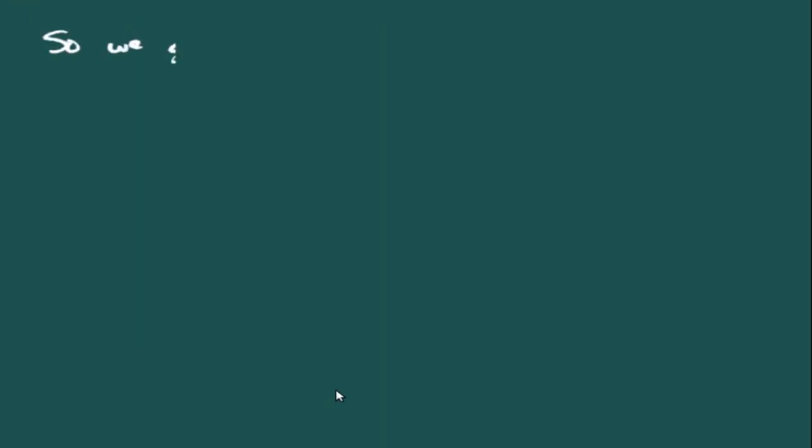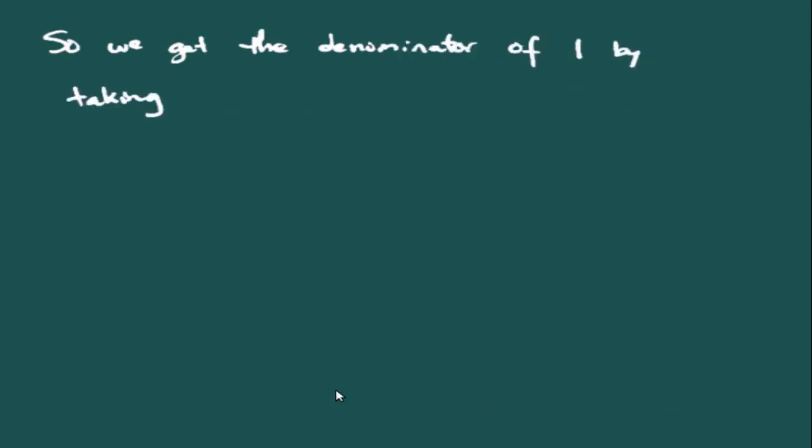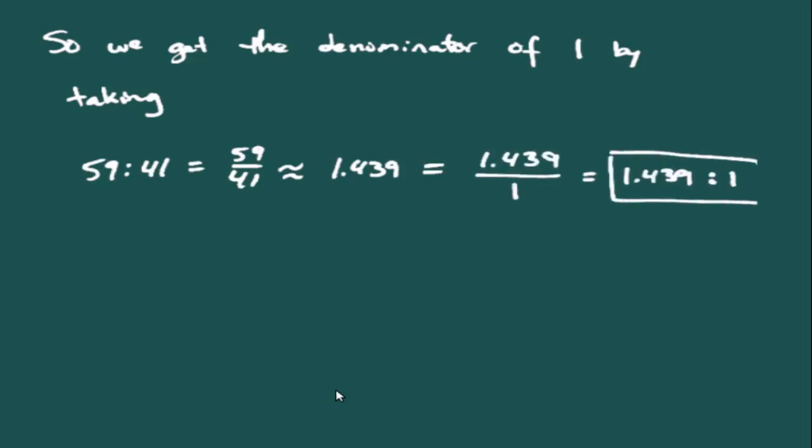And so in the denominator, if we want to, we can make that the same thing with the denominator of 1. So our 59 to 41 as a fraction is 59 divided by 41, which is approximately 1.439. And we can write that as 1.439 over 1, or in our colon notation as 1.439 to 1.